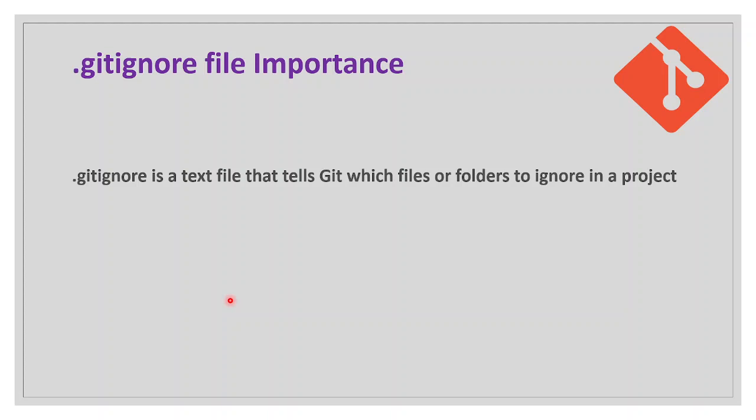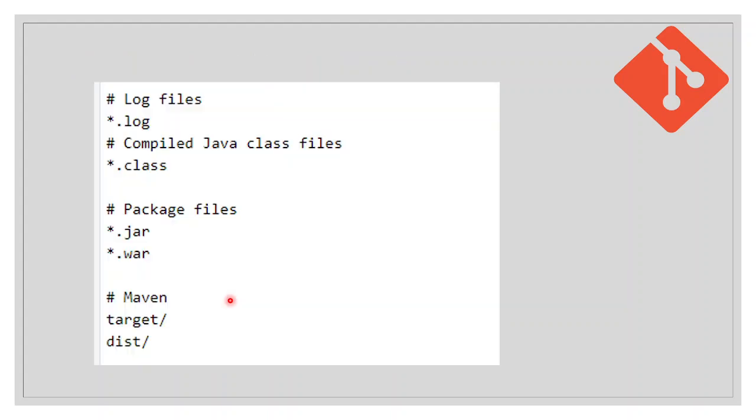The Git ignore file provides a lot of placeholders or patterns to ignore these files. These are some common files that we are going to ignore: the files which have an extension of .log or .class for all the Java compiled files, and .jar or .war files.